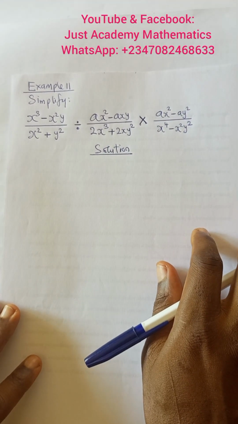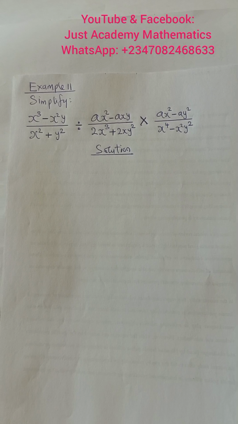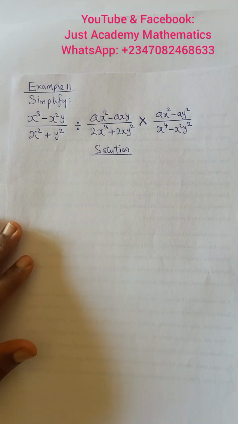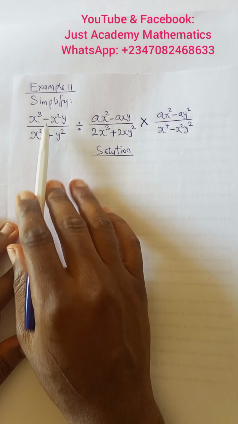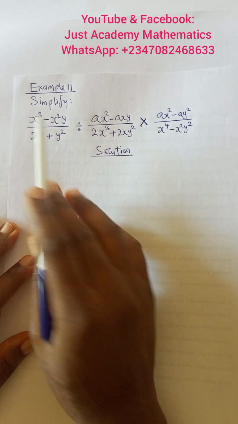So for example 11, we are given to simplify this. Now, I don't need to do it separately. We'll just go straight and do them, because they are just things we can do directly without doing them separately. For instance, this one, what will come out here is s squared, obviously.